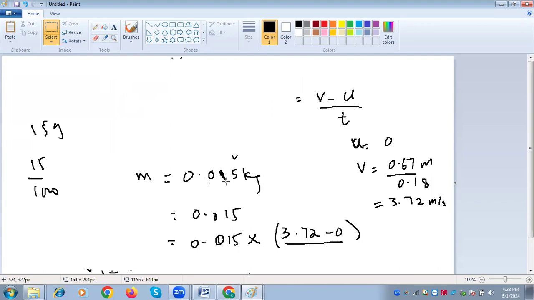So this is 0.015 into 3.72. Here, I have written minus sign by mistake.